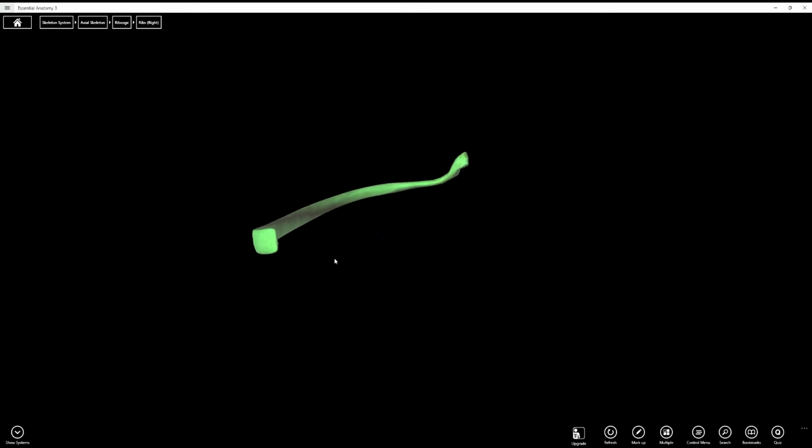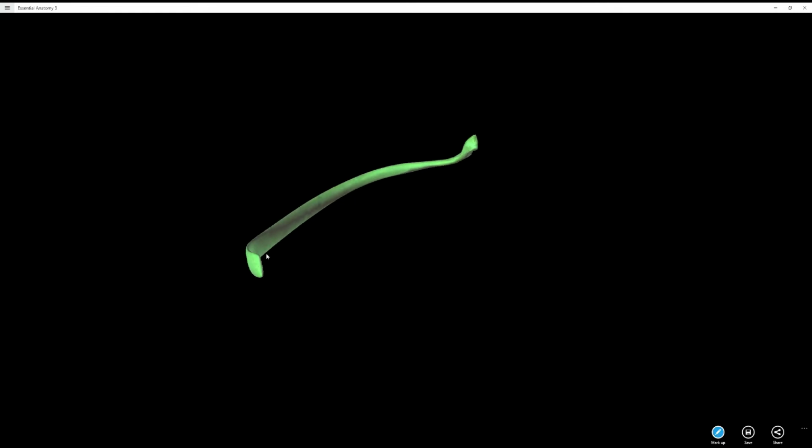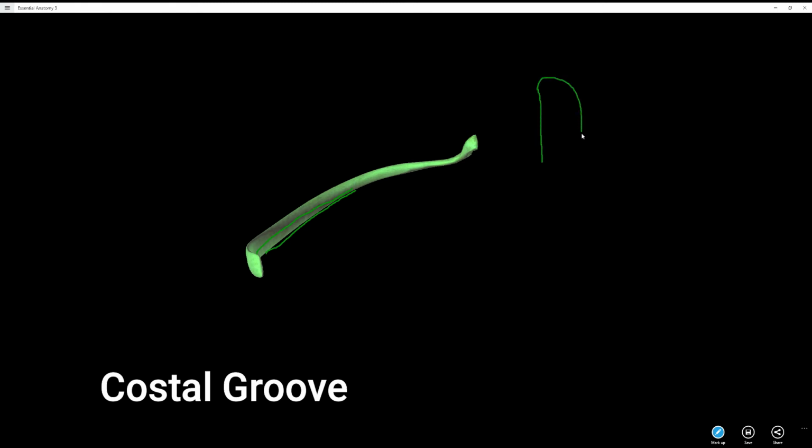And the reason being, right there, you can kind of see it, is that there's a groove on the bottom half of this rib, like right here, you can see it a little bit more pronounced. And that's where a vein, artery, and nerve sit. If you were to look at a cross section of a rib, it'd look like this, and there'd be a vein, an artery, and a nerve running right there. And that's called the costal groove.